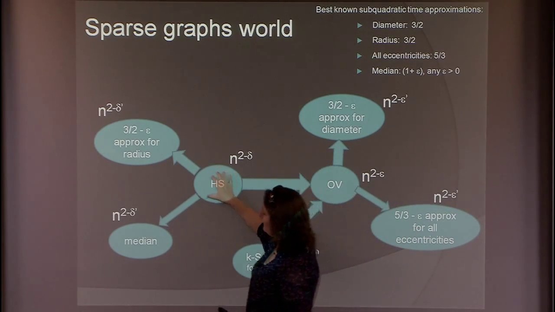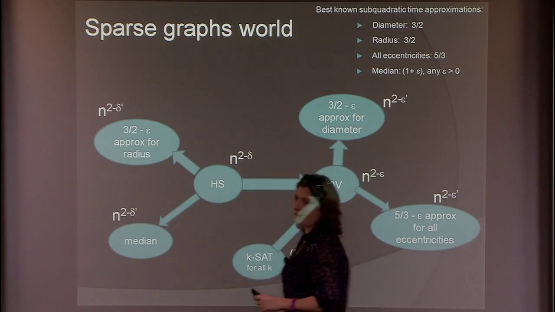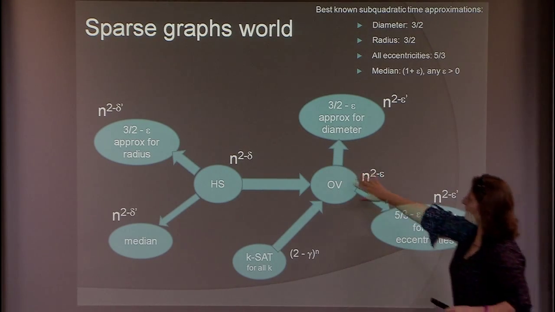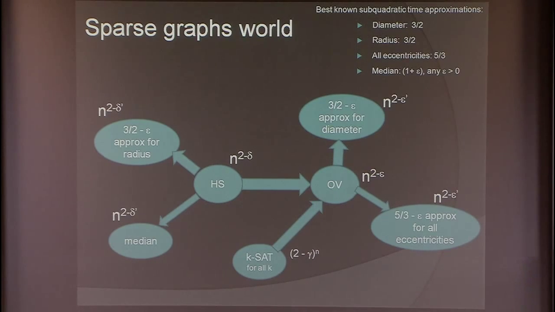You can reduce hitting set to the median and approximating the radius. So this is what we know. In the amount of time I have, I will just show you this one, which is relatively simple. So potentially radius and median are easier. That's what you should get out of this.